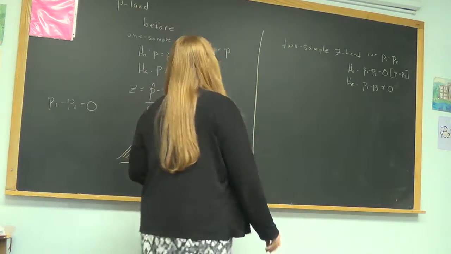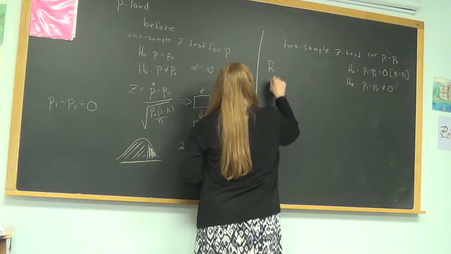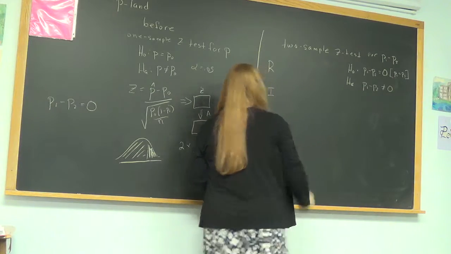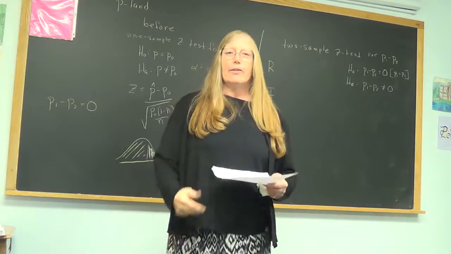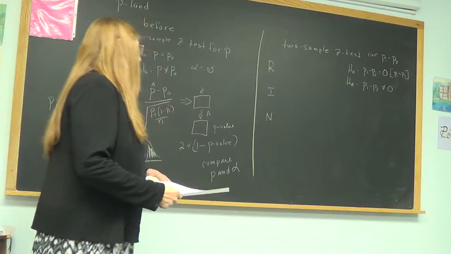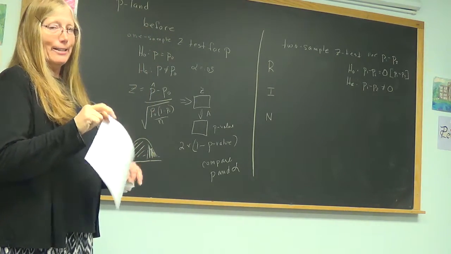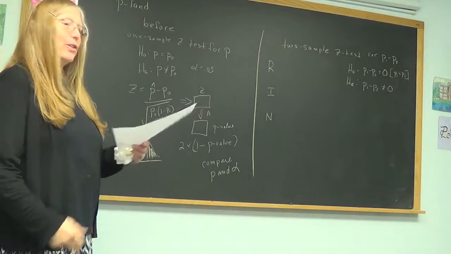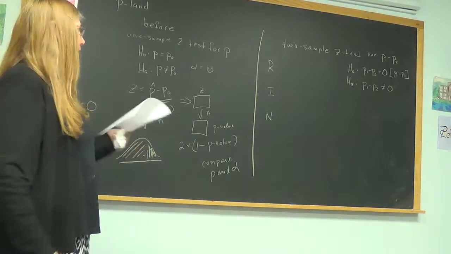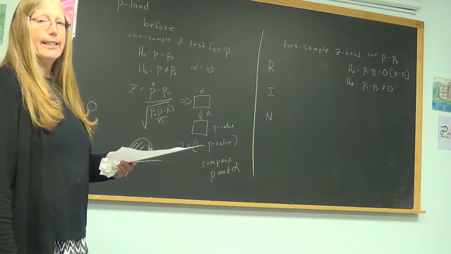So let's talk about RIN. AP takers and even final takers, if you forget RIN, you don't get a whole lot of credit. There's no use doing a test or a confidence interval if it doesn't meet the preconditions.